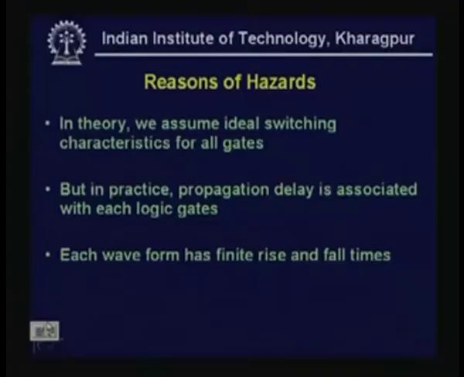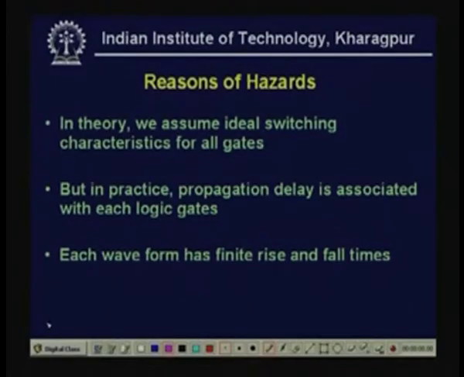Switching is when a value, say one variable A, changes from 0 to 1 or 1 to 0, and it takes almost no time. So, this is switching, and we call this ideal switching.